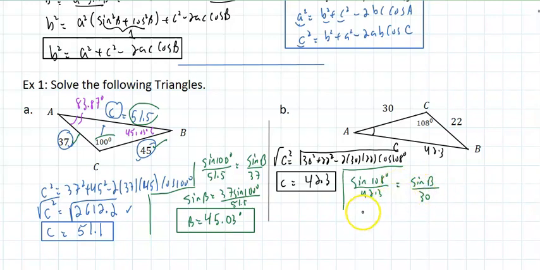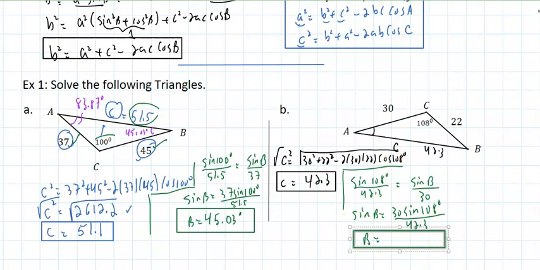And if I cross multiply, I know that the sine of beta is going to equal 30 times the sine of 108 degrees divided by 42.3, and beta would be, and I plug this in the calculator, and I get this to be 42.4 degrees.